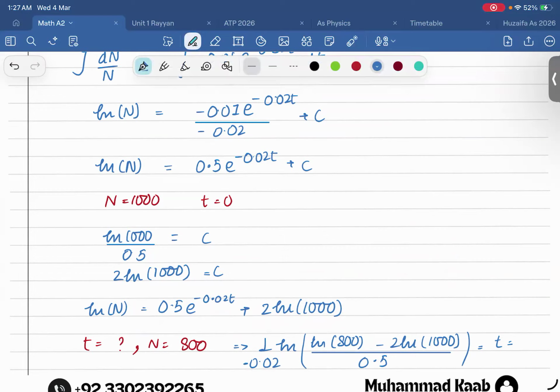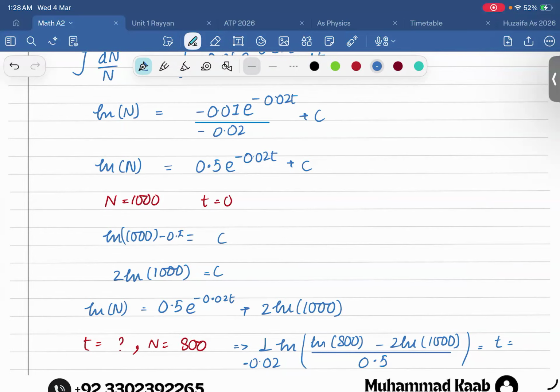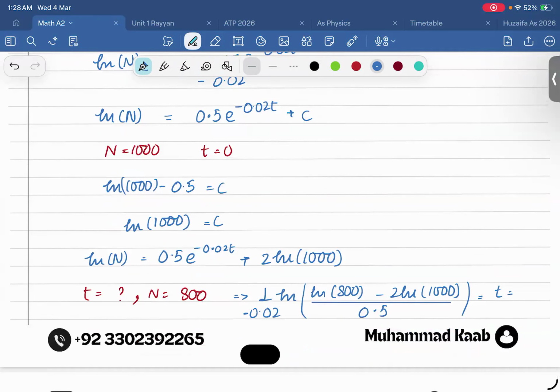Wait. So that should not be in the division. It should rather be 0.5 here, minus 0.5. This is how I have to write, right? So this is my c, not that.